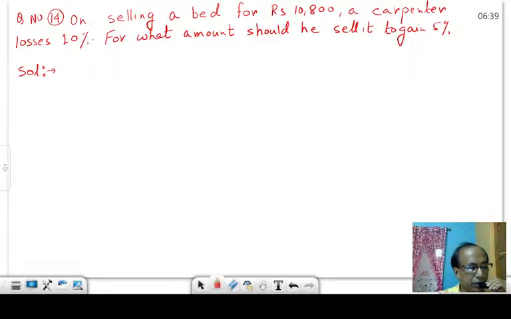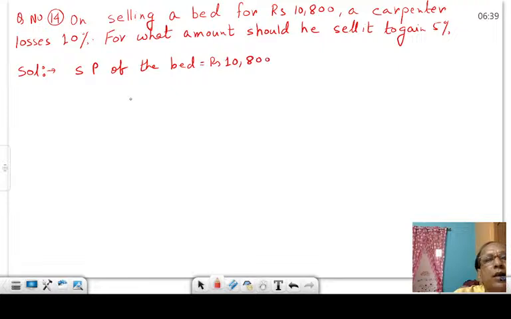Now, this is the question, and we are solving this question. The selling price of the bed is equal to rupees 10,800, and the loss is equal to 10%. We know the formula for cost price is equal to 100 divided by 100 minus loss percent, into selling price.